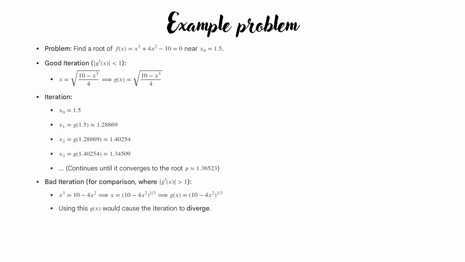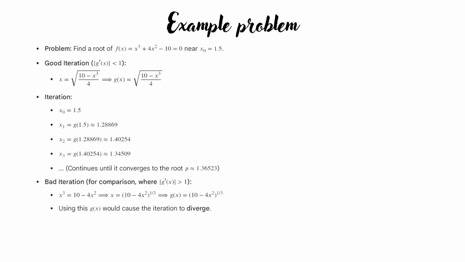Since we now have the function, let's iterate. We substitute the given x sub 0 into g(x), and we get 1.28869. That is our x1.